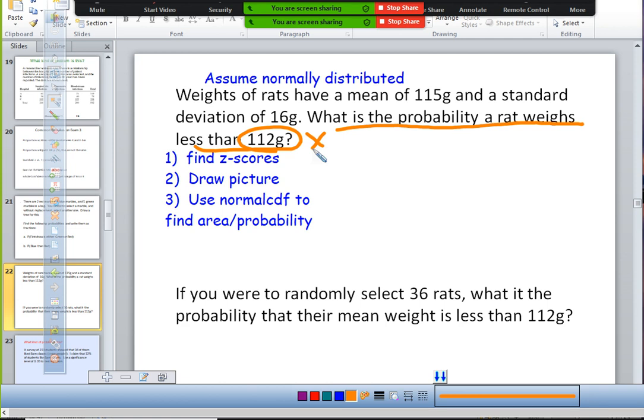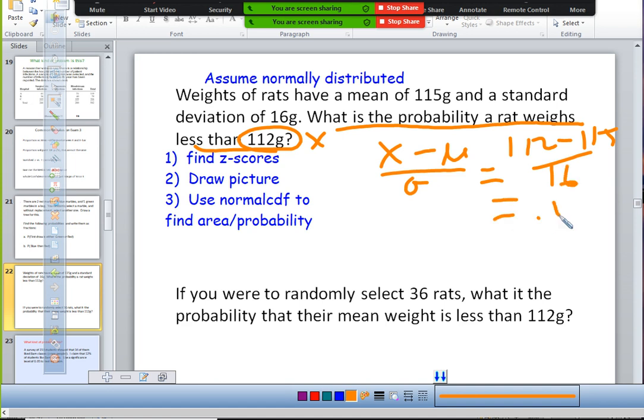So I'm going to do x minus mu over my standard deviation. So that's going to be 112 minus 115 over 16. And you guys got 0.188, I think is what people got, something like that.